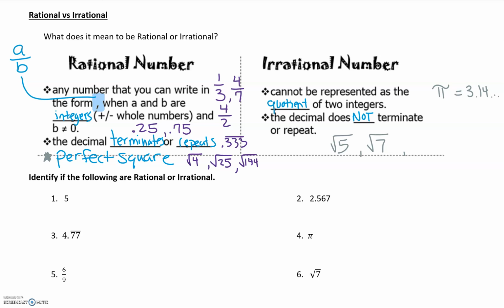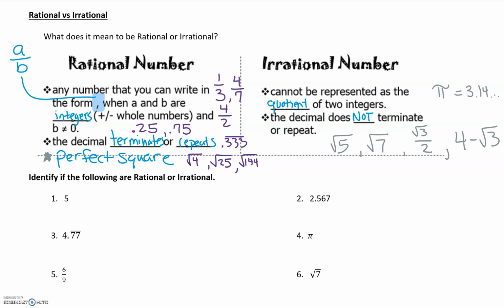Similarly, if we did something like square root of 3 over 2, yes, the bottom of that is an integer, but the top is not. So it could not be the quotient of two integers because one of them is not an integer. We might even have numbers like 4 minus the square root of 3.